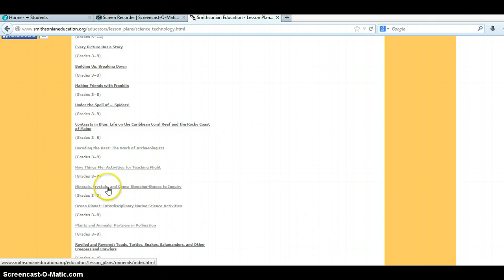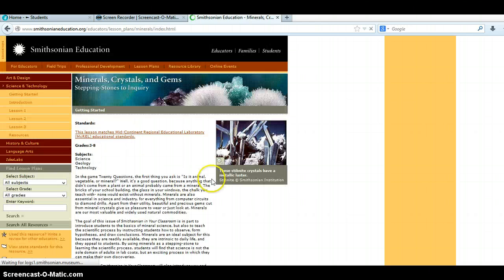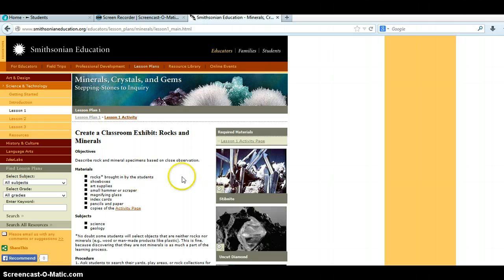And if we go here to the minerals, I find it interesting. This says grades 3 to 8, but my little kindergartner, who is 6, they're actually learning about rocks. We had to gather rocks and soil and things like that for him.